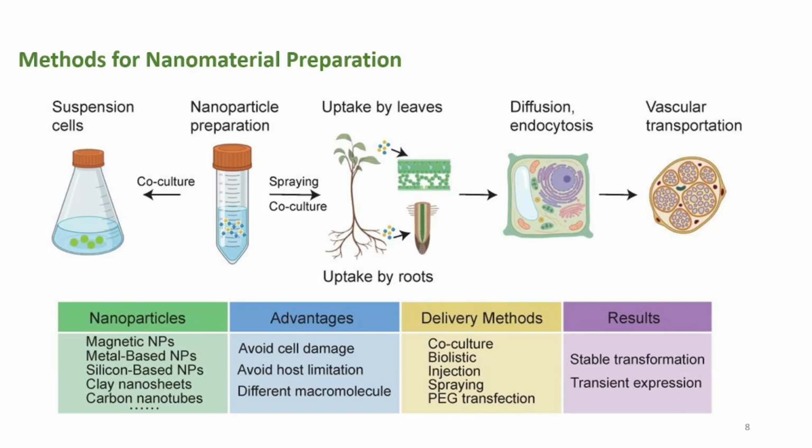Targets include mature plants, which absorb nanoparticles mainly through leaves and roots before vascular transport, and suspension cells. Compared with traditional methods, nanoparticle-mediated transformation offers clear advantages.